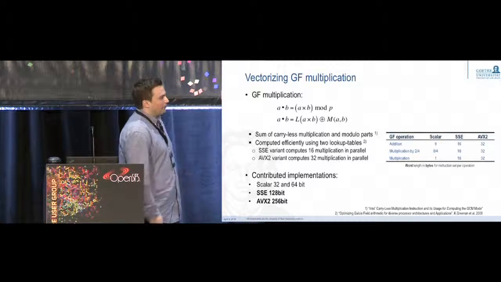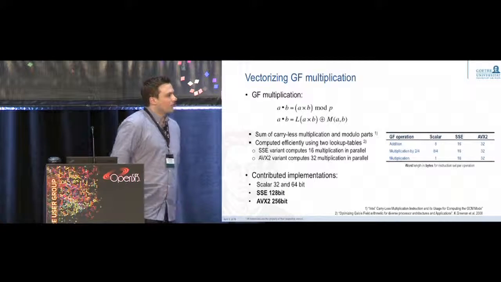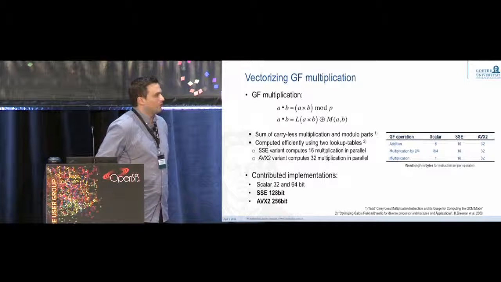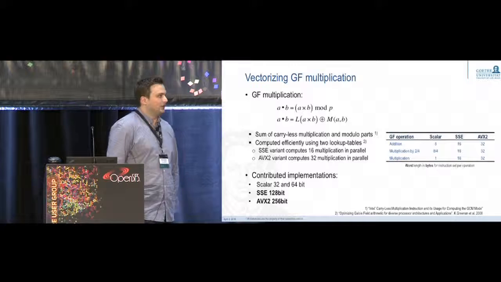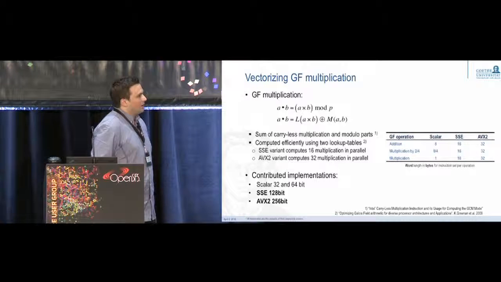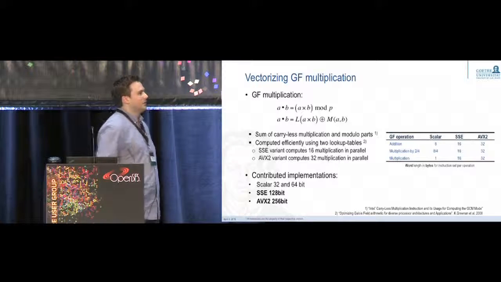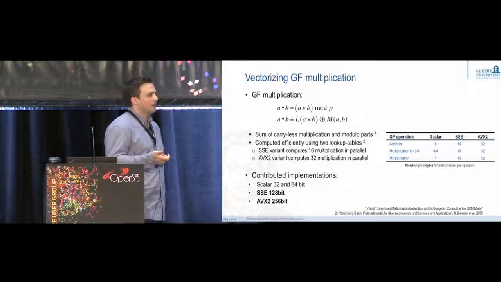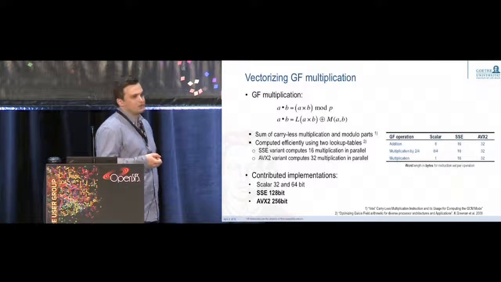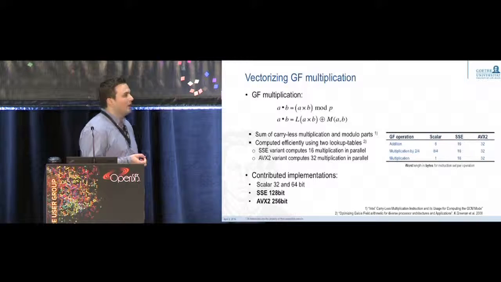The table on the right shows the operation throughput of the basic building block operations of the RAIDZ math. For addition, a scalar version can perform 8 byte additions at once, so SSE can perform 16 and the AVX version can perform 32.